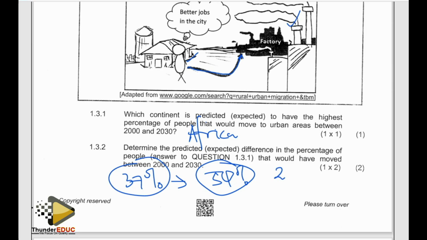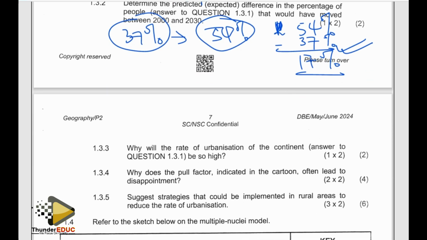So it's like we are saying 54% minus 37%, which will give us 17%. That is how we do the calculation. We move on to the next question.